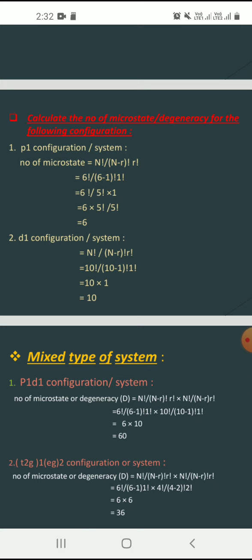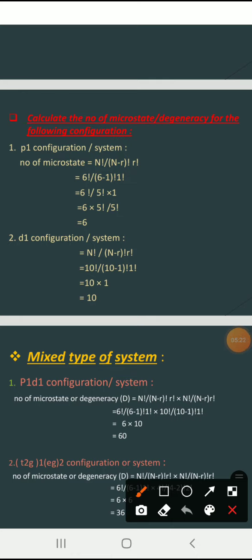Now we will see the number of microstates for the d1 configuration. We know the formula for the number of microstates is equal to capital N factorial divided by (N minus r) whole factorial into r factorial. Here capital N is nothing but 10 for the d1 system.